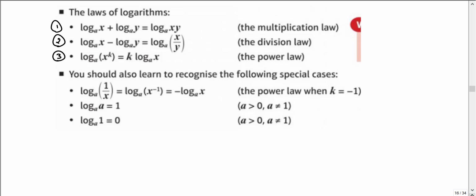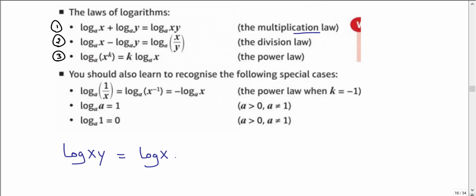Let's do the laws of logarithms. Let's explain the rules. First rule, number 1, is called the multiplication law. It says, if you have log of x times y, so that's the log of a product, multiplication, you have the right to change it to a sum, to addition.